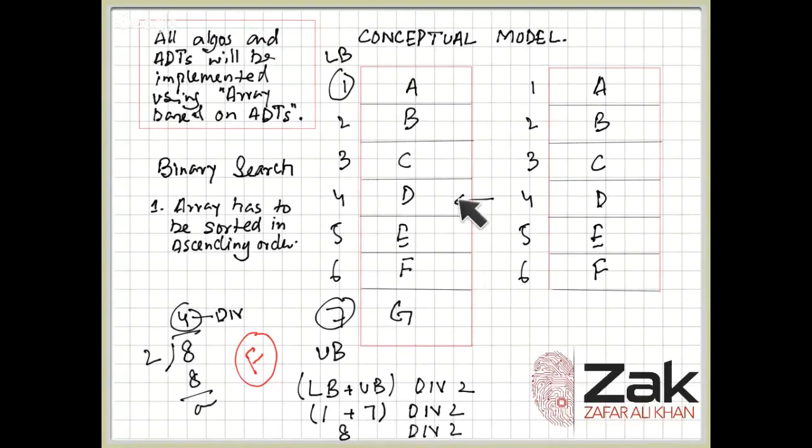If it is an odd number of elements, the middle would be on some position. If it is an even number of elements, the middle would go to the position one less. 6 plus 1, 7. 7 div 2 would become 3. It would go there, one less.